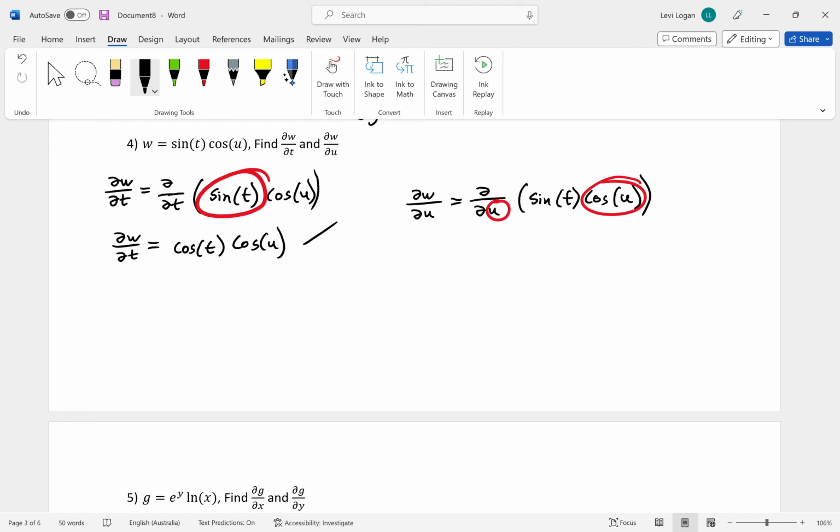Differentiating cos turns to negative sine, and we don't have any coefficients in here, so it's just going to be negative sine u. So the partial derivative of w with respect to u is equal to negative sine t sine of u. This negative sign came from when I differentiated the cos. Okay, cool. That's that question done.